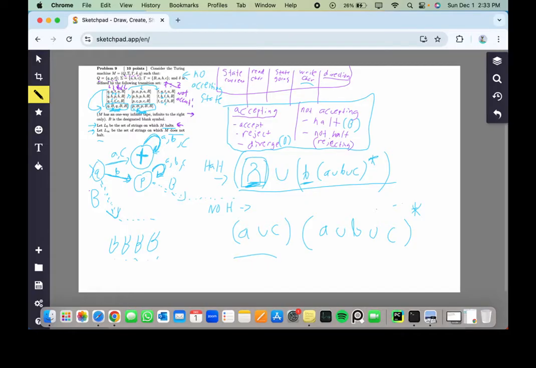Exactly, yes. Thank you. Anytime you get to a blank, that's a halting state. Anytime there is not a blank, it's like an infinite loop, that's not halting.